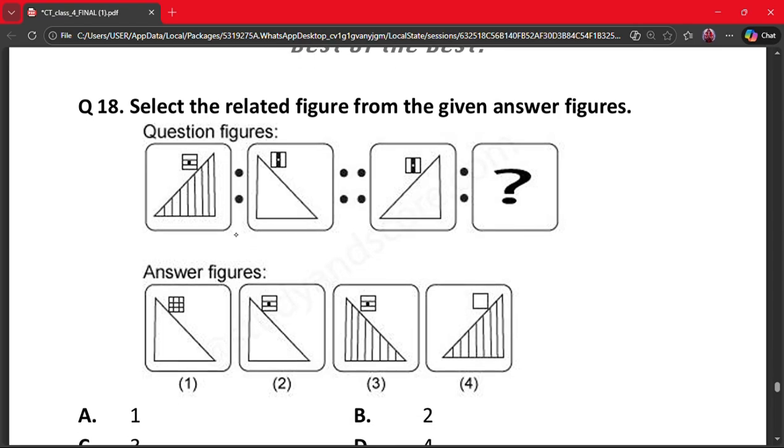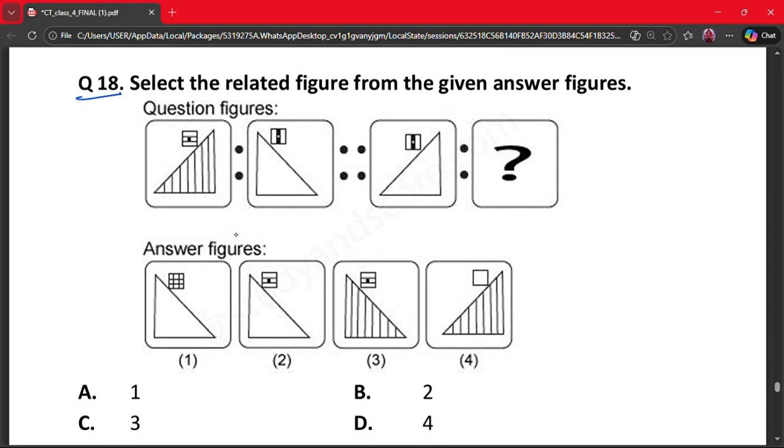Next is question number 18. Select the related figure from the given answer figure. So what we can see here is that we need an exact replica of this. We can see a lining pattern like this, and in the square there is a lining pattern like this, and in this we have a simple triangle, and this is a complete opposite.